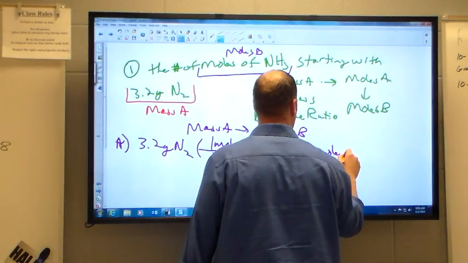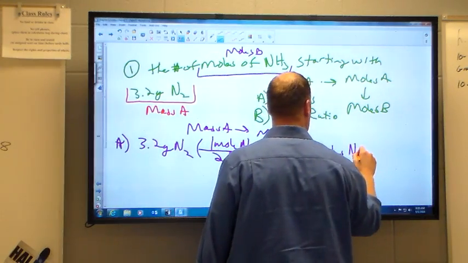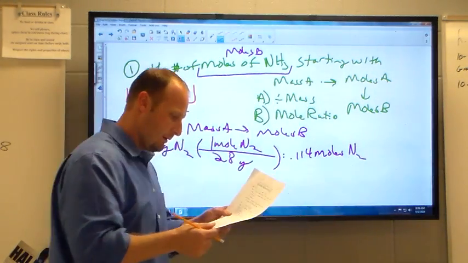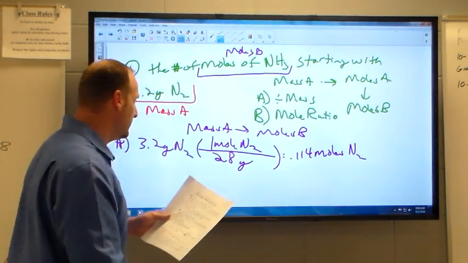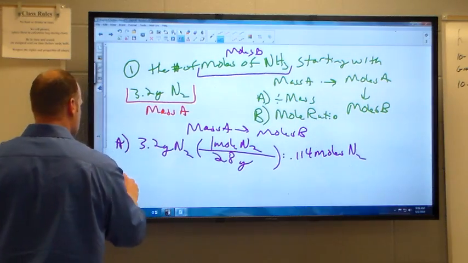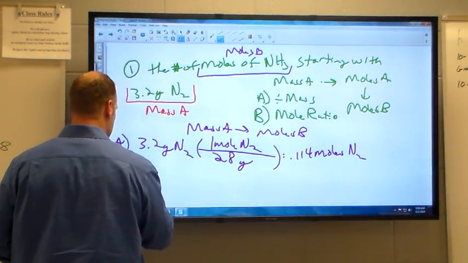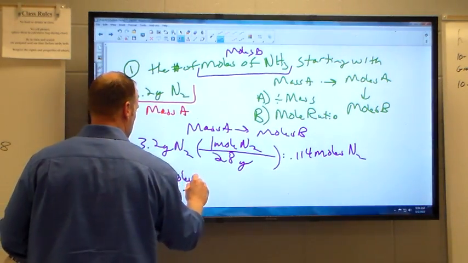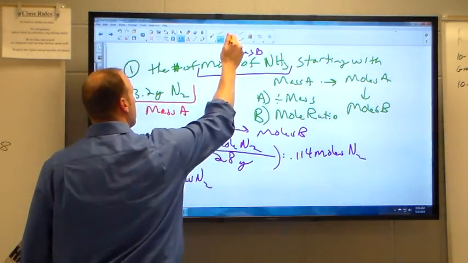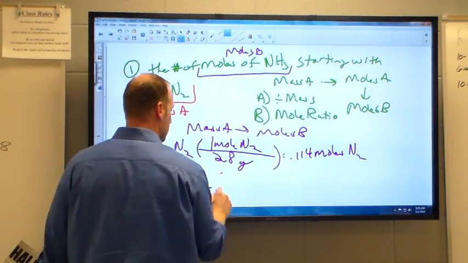All right, so that is part A there. Now part B is to calculate the moles of NH3. So now I'm going to take that number and now it's my mole ratio step. I want to go to NH3.